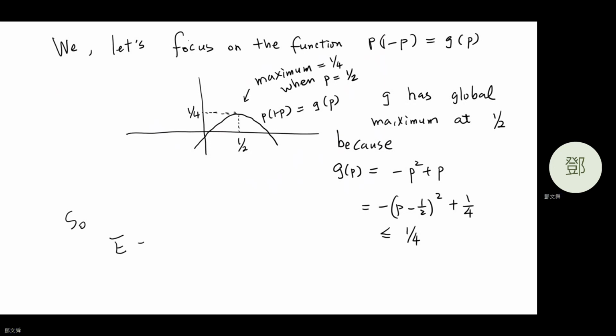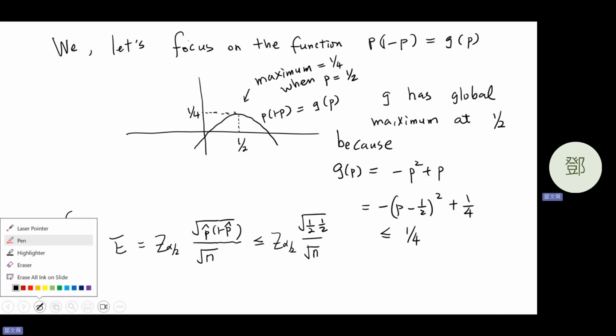So E equals Z sub alpha over 2 times the square root of p hat times 1 minus p hat over n. This should be smaller than Z alpha over 2 times the square root of n, times the square root of 1 over 2 times 1 minus 1 over 2.